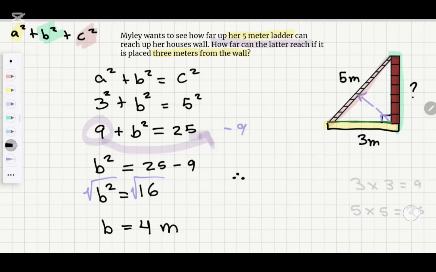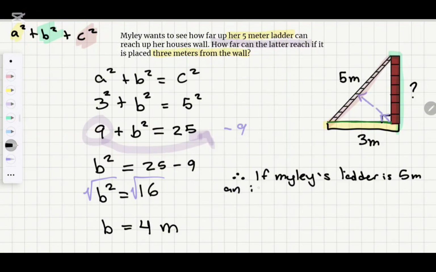I'm going to erase this so I have my room.